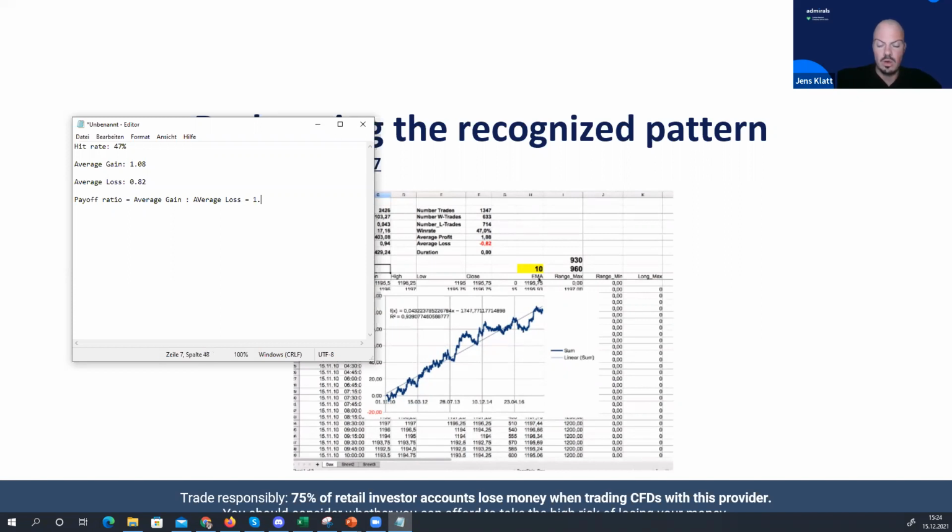And then you get 108 divided by 8.2. Let me just calculate this here. You get 1.31. And you will see why I'm laughing.